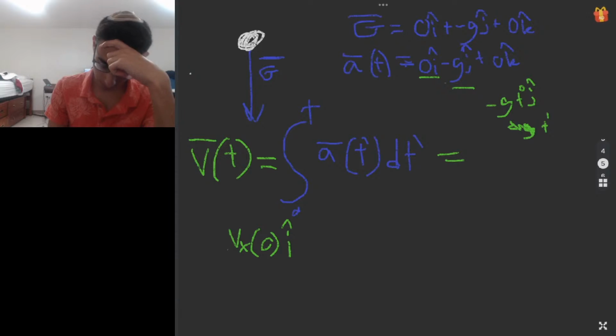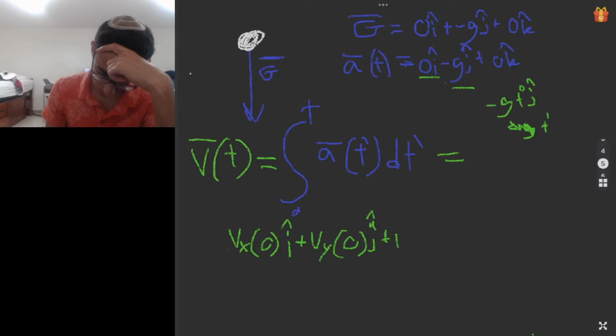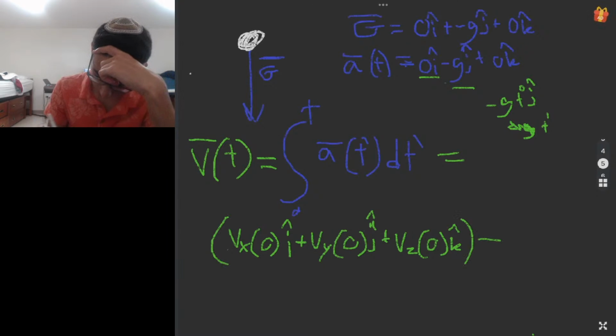Times the vector i, plus v sub y of 0 times the vector j, plus v sub z of 0 times the vector k. Okay, that's our velocity. And then we subtract that from it at time t.